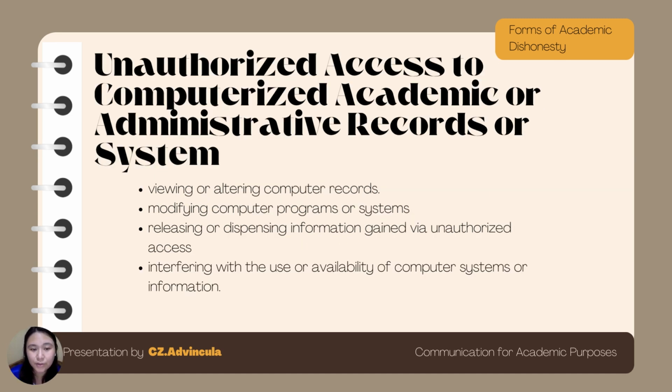Next is the use of unauthorized access to computerized academic or administrative records or systems. So this includes viewing or altering computer records, modifying computer programs or systems, releasing or disseminating information gained via unauthorized access, and interfering with the use or availability of computer systems or information. Okay, so those are the forms of academic dishonesty.